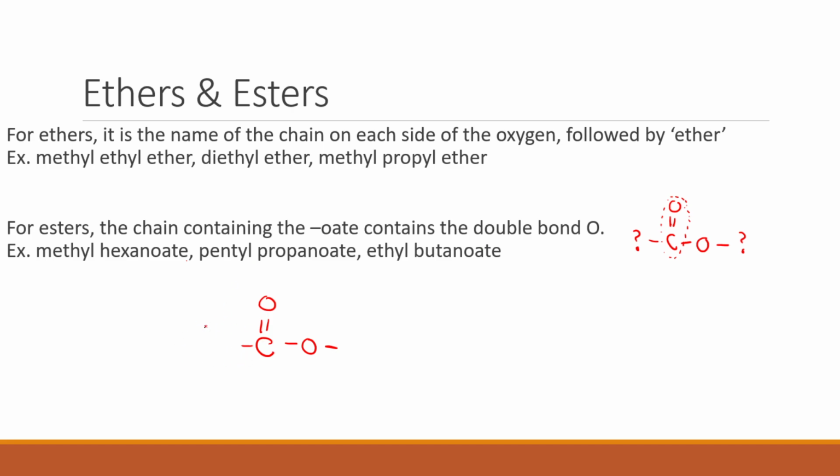But is the prefix for 4 carbons, so we've got 1, 2, 3, 4. Ethyl is a branch coming off of the O, so it's going to be ethyl, 2 carbons. And we're going to finish that drawing by putting our H's on each of the carbons that needs them, so that every carbon gets 4 bonds.